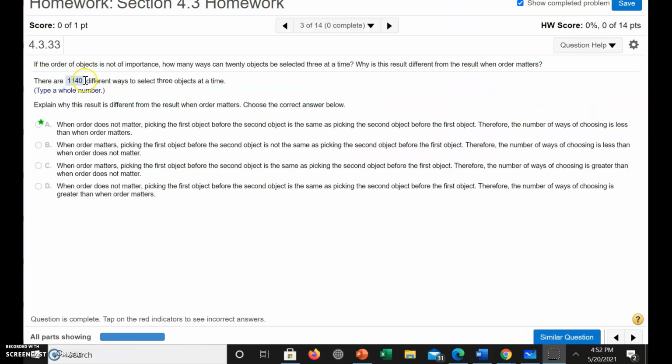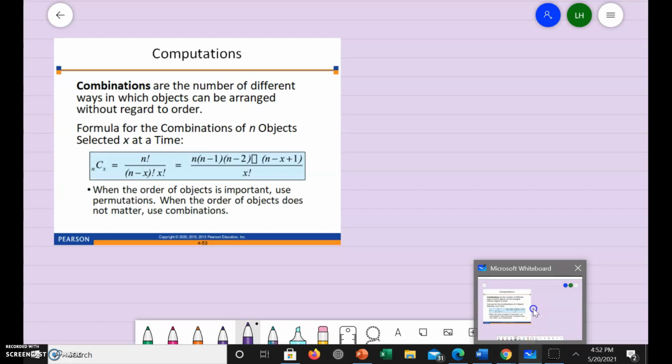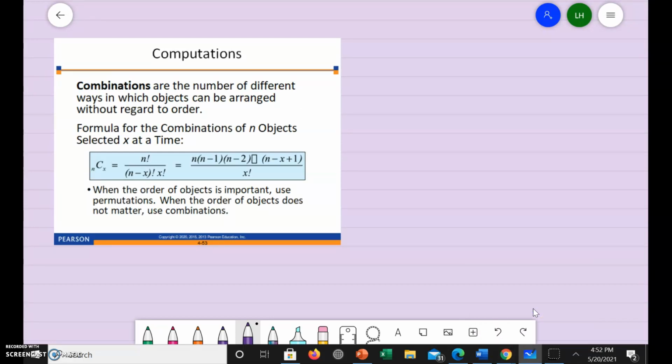Okay, so in this one it says if the order of objects is not of importance, how many ways can 20 objects be selected 3 at a time? So 20 objects 3 at a time. So our sample is 20 and x is 3. So 20, and you can do this in a TI-83 or 84, but it really doesn't take long to do.